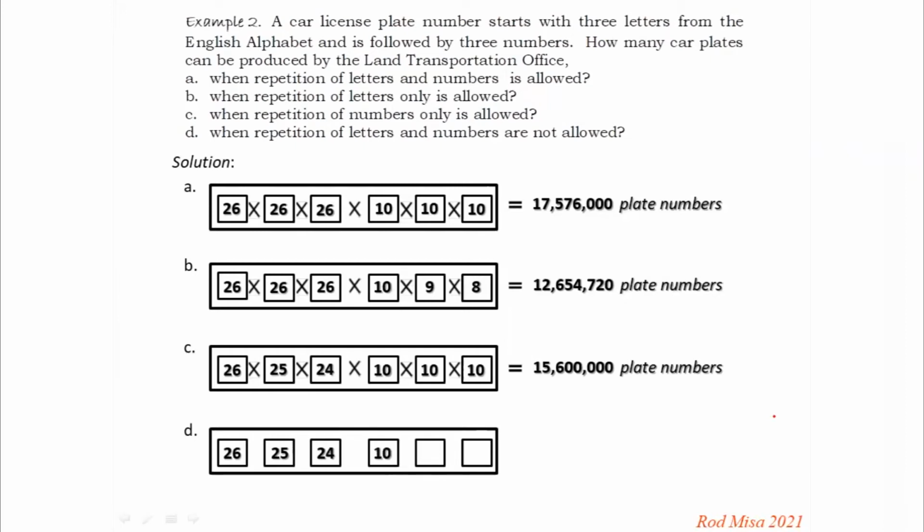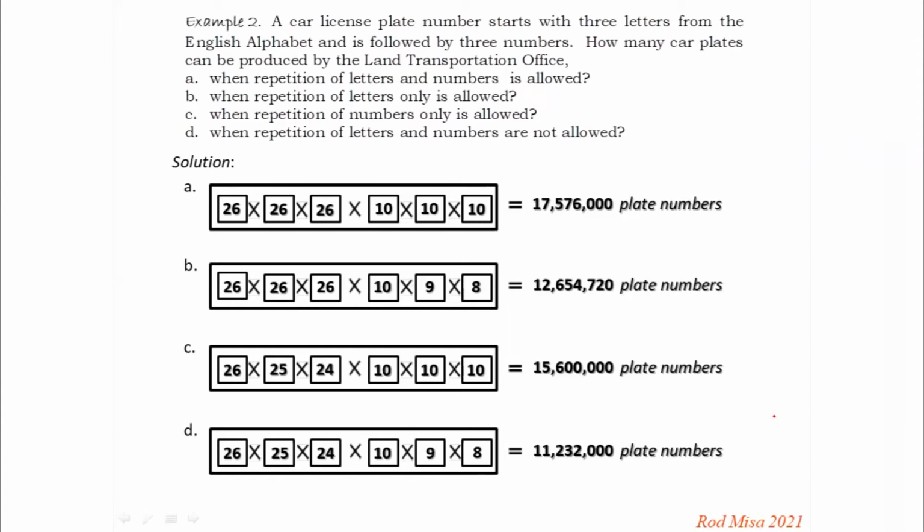But in the second position of the numbers, I am left with 9 choices, and 8 in the third box, because if 2 of the 10 numbers are used in the first 2 positions, I am left with 8 choices. Multiplying these numbers, I will get a product of 11,232,000 plate numbers.